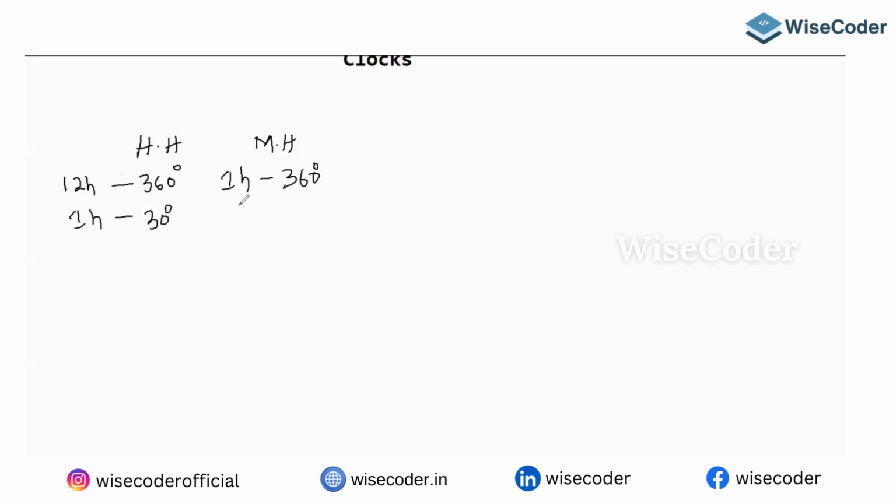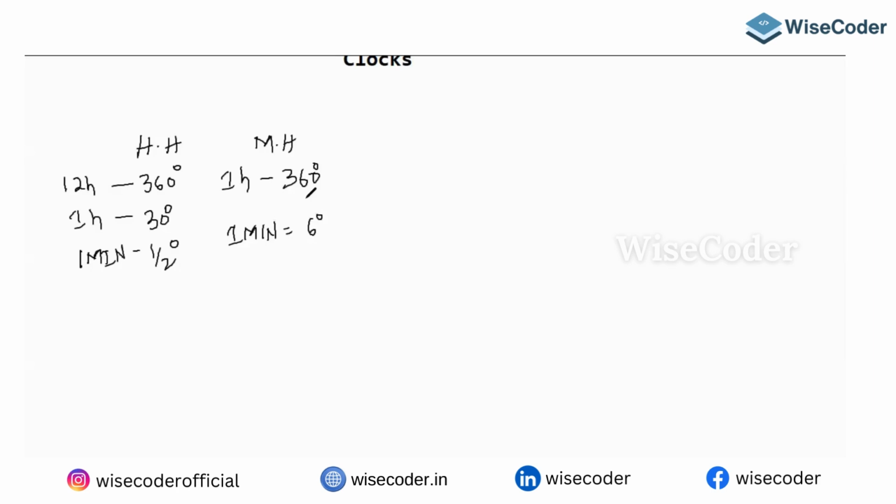Next, for 1 minute it's going to be half a degree. For the minute hand, for 1 minute it's going to be 6 degrees.